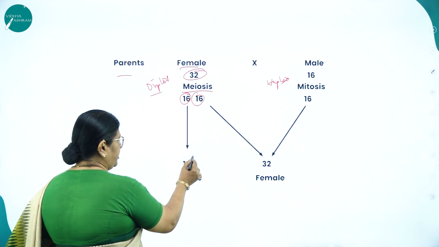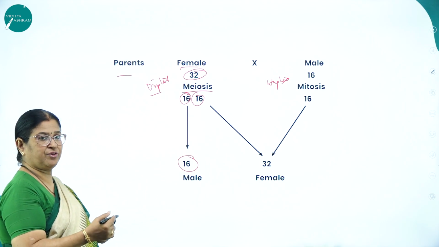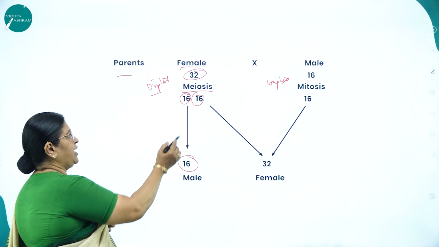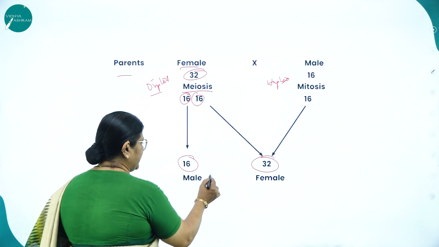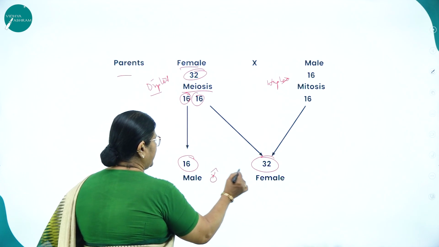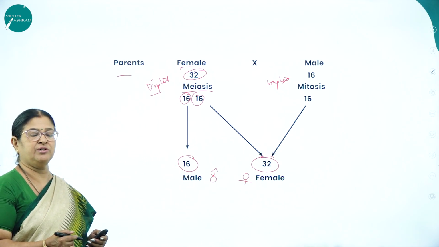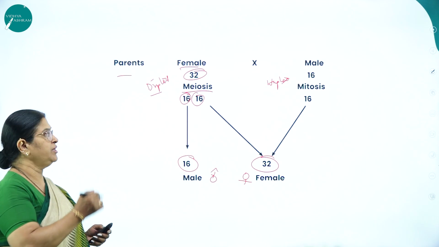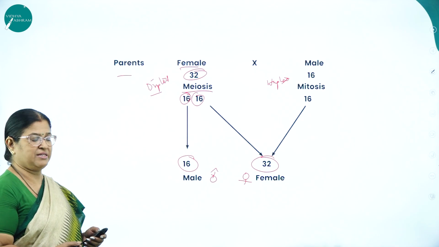Here you can see the male, only 16, the half set, haploid set of chromosomes, will form a male, and 16 crossed with another 16 is 32, that is female. Here it is male and here it is female. This is a very important question from the examination point of view. Definitely, this commonly appears in the examination.